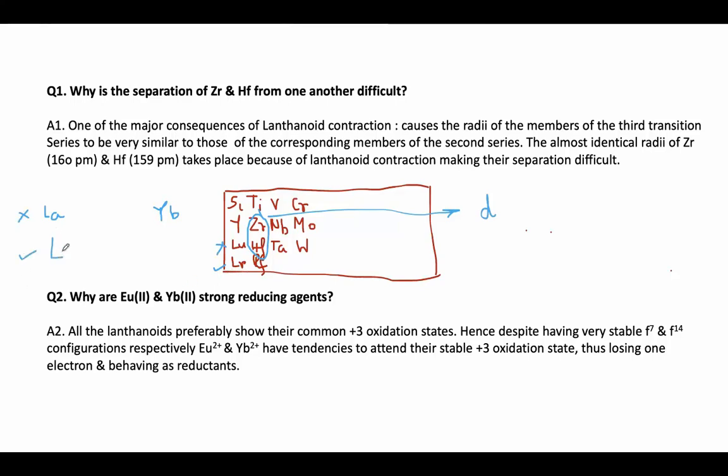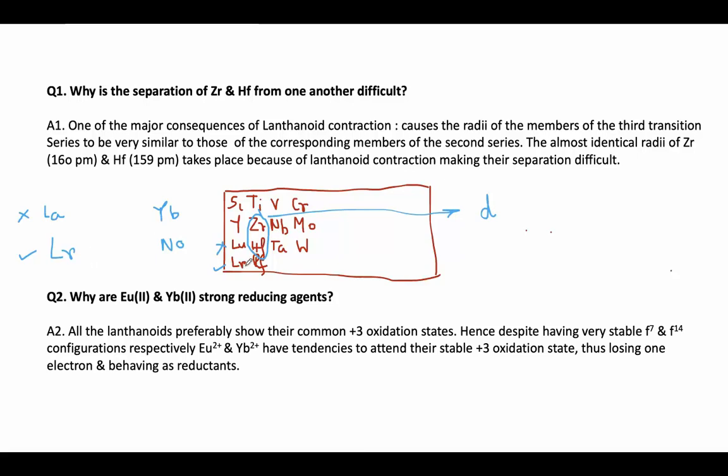In the lower section, from lawrencium we shall start and end at No. So the first series is these lanthanides, and the second series is the actinides.